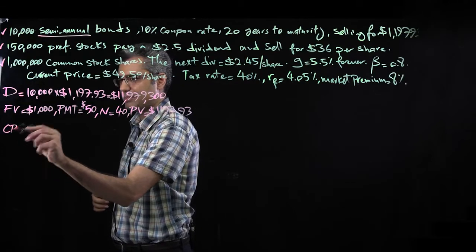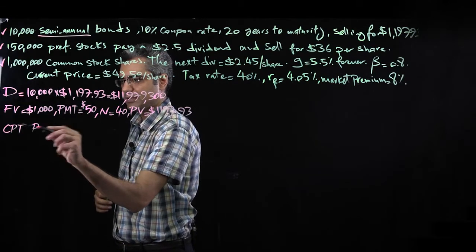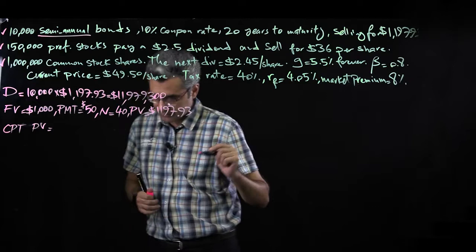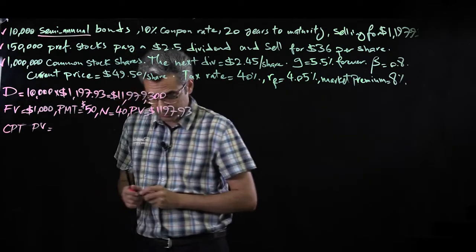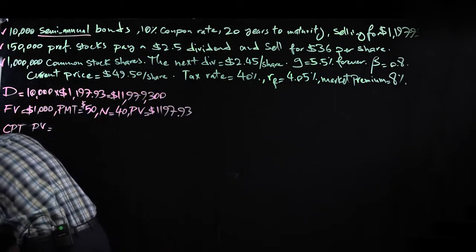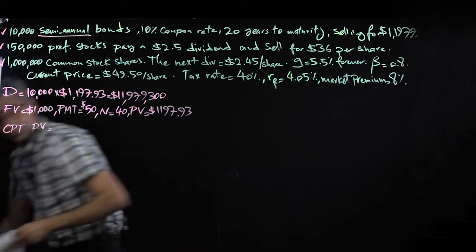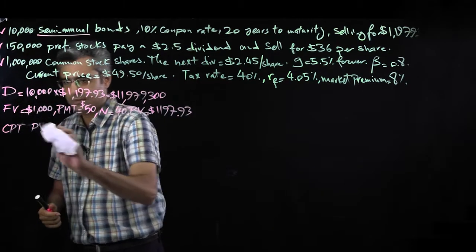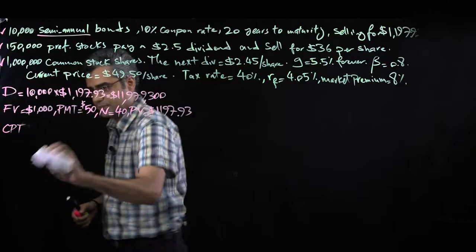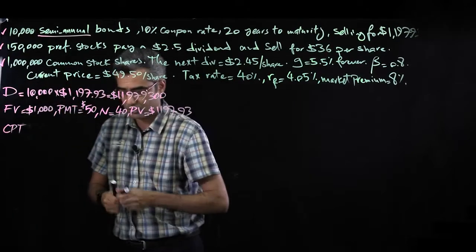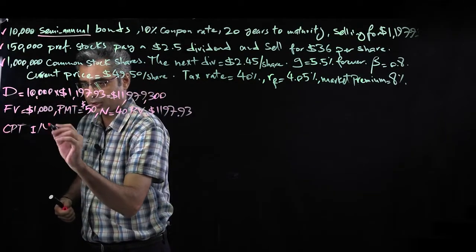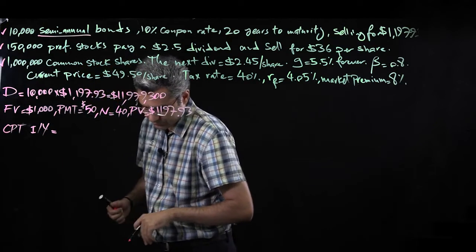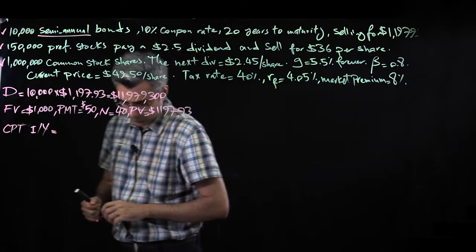Then you press CPT, compute, and we want to compute the interest rate, I/Y, which gives you 4%.